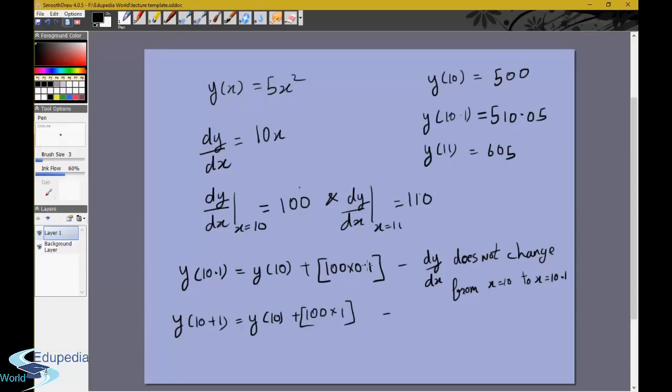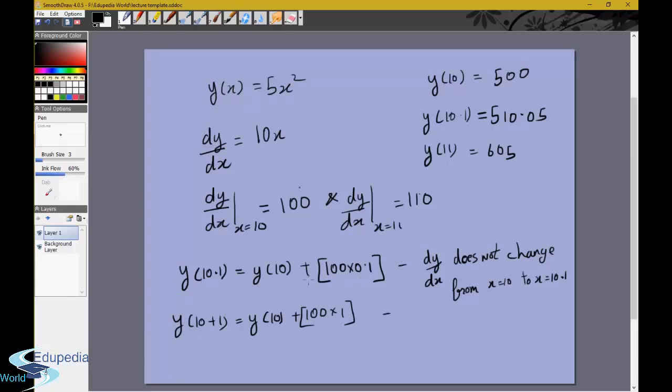What we'll say is, we'll assume that the change is so small that the change in rate of change can be neglected, so to speak. So here dy by dx is 100, here dy by dx is 101. So we'll just assume it's 100 in both the cases because 100 and 101 are very close. Now in this case, 100 and 110 are not that close. So as long as delta x, the change in x is small, this approximation seems to be valid. But if delta x changes by a big amount, then this approximation is not really valid.